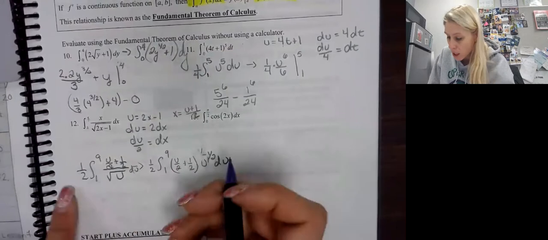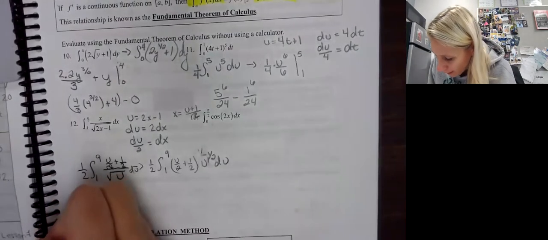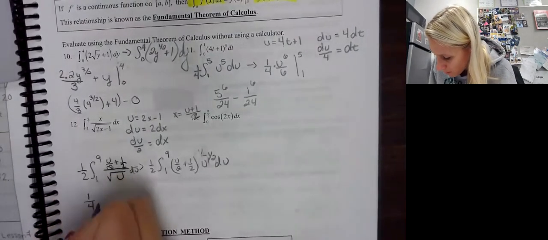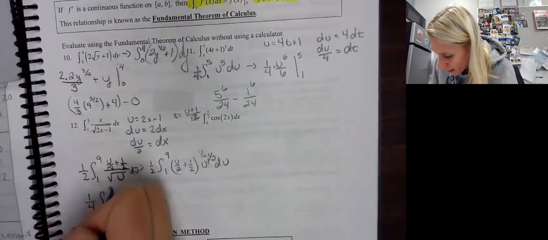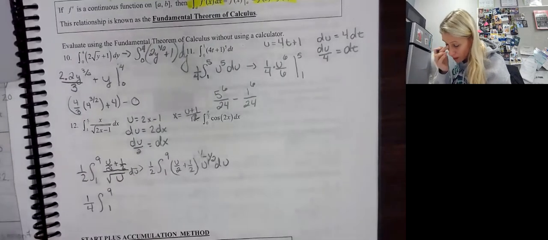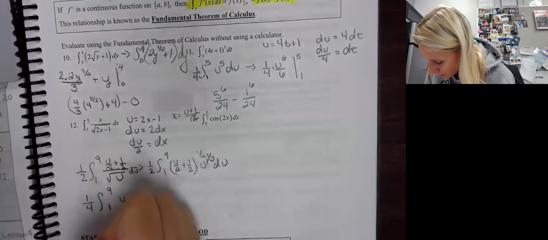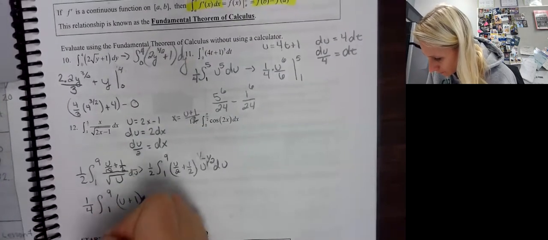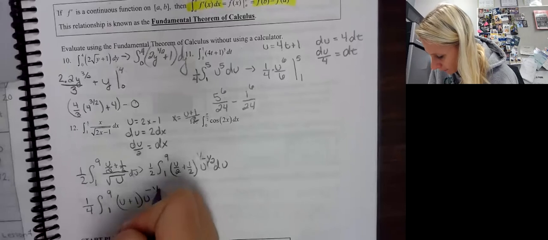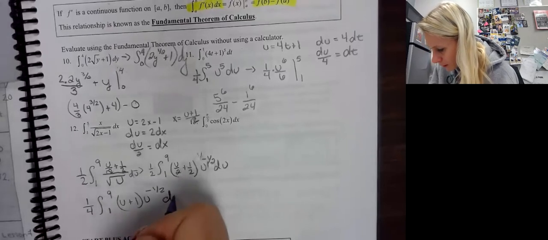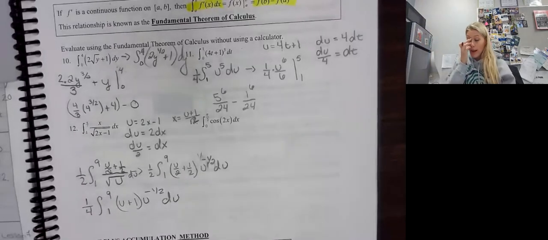So if I stuck another 1/2 out front, well, 1/2 times 1/2 is 1/4. Integral 9 to 1. That leaves me with u plus 1 times u to the negative 1/2 du. So I just moved another 1/2 out front.